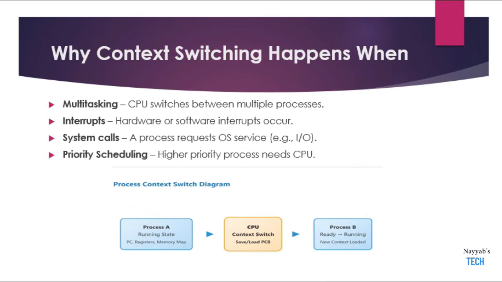Why does context switching happen? First, it happens when you allow multitasking, when the CPU switches between multiple processes.